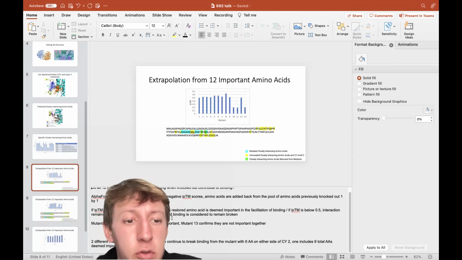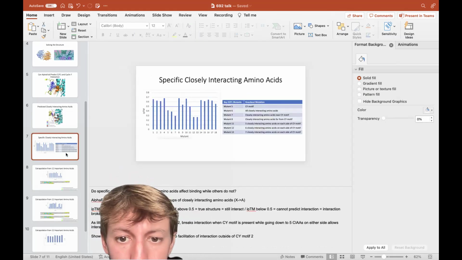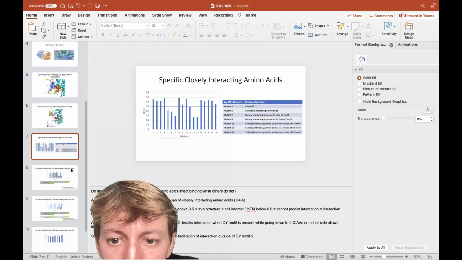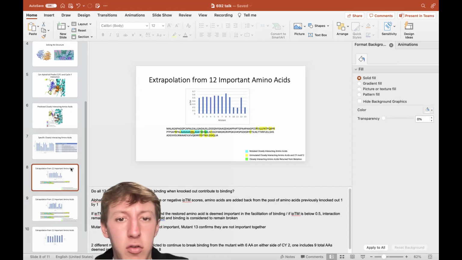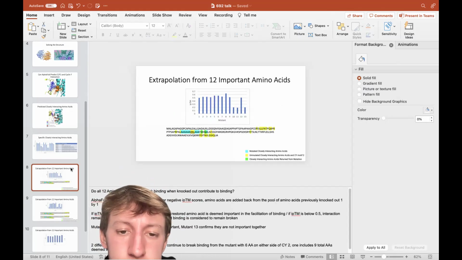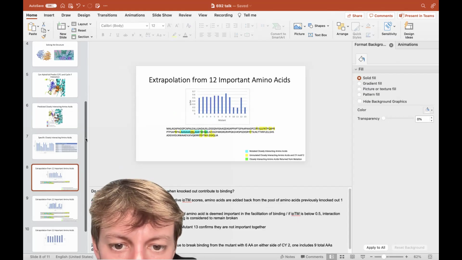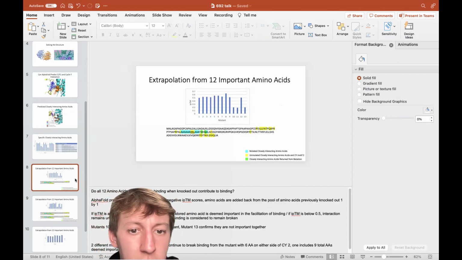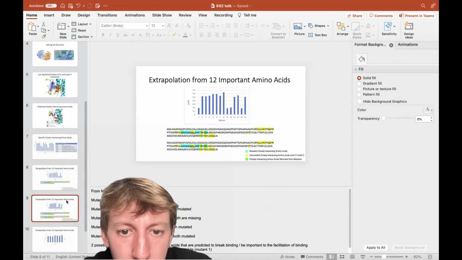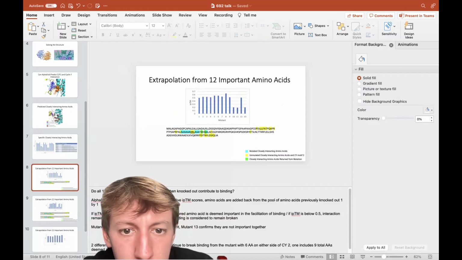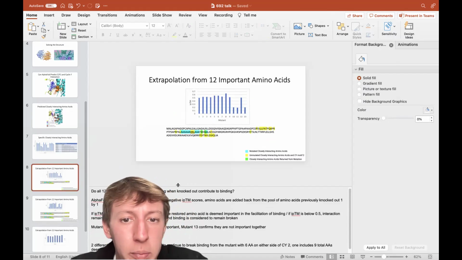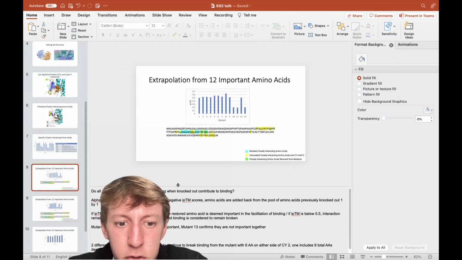And so from mutant 12 in the previous slide, I made mutants one by one, mutating one amino acid for each mutant.